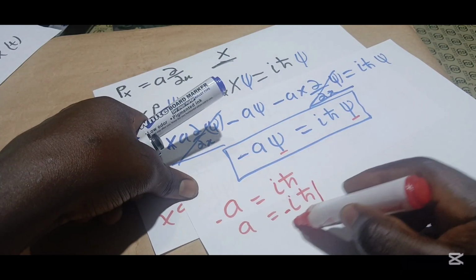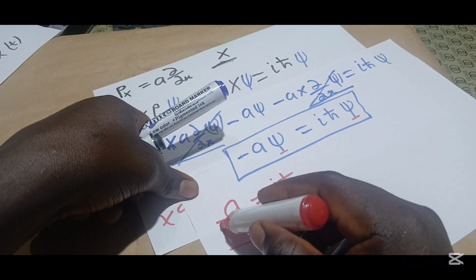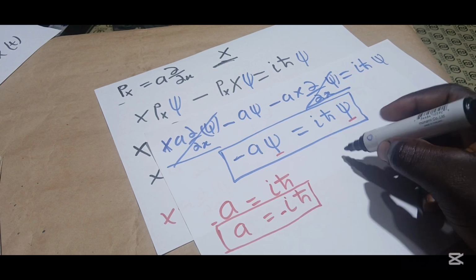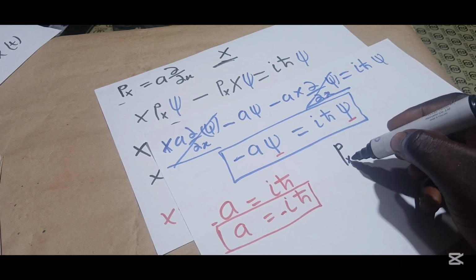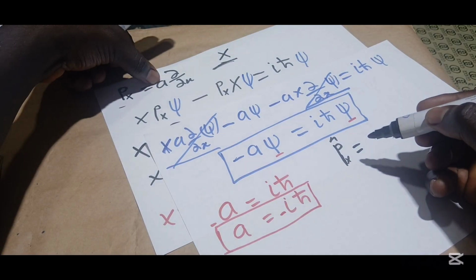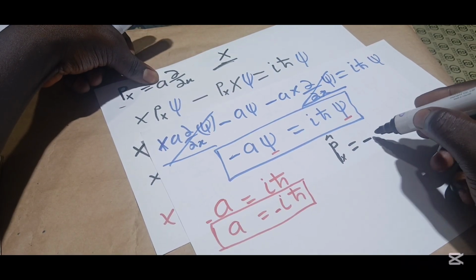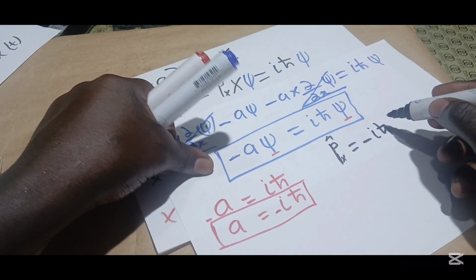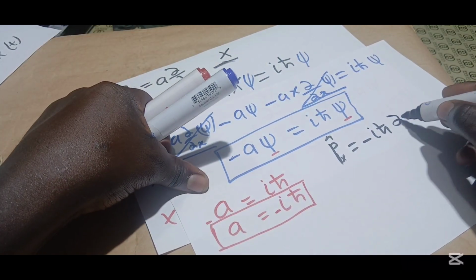So this is for A, and now we can see that our momentum operator Px, or let's say P, corresponds to A, which is minus i h cross d dx.